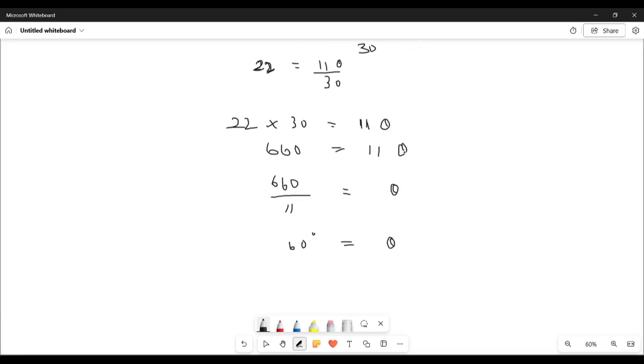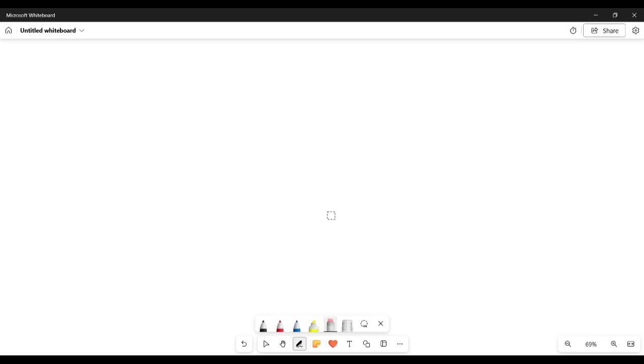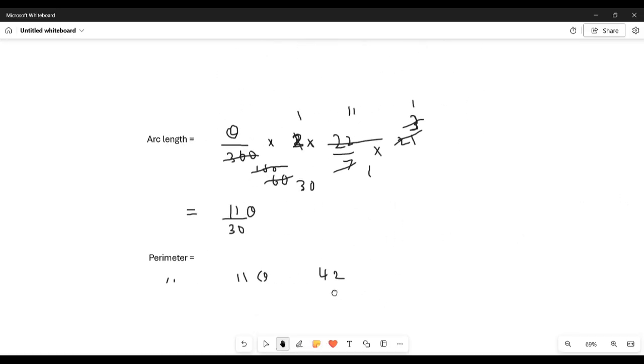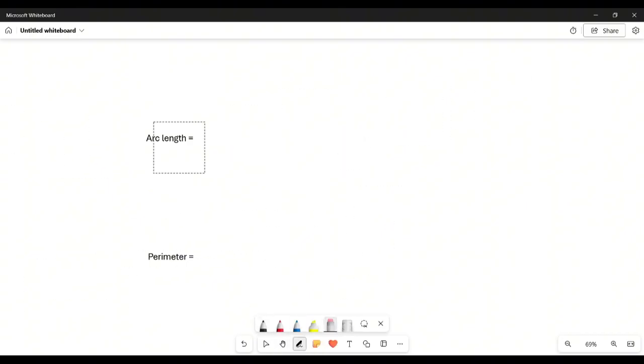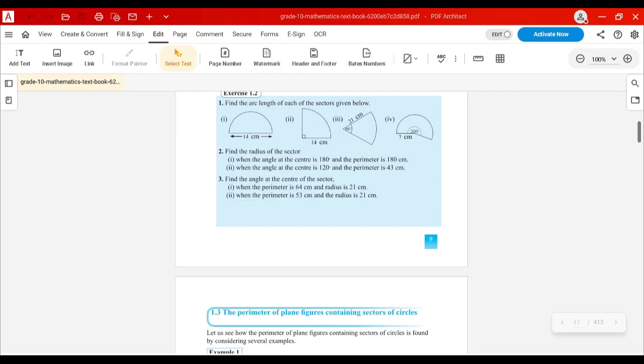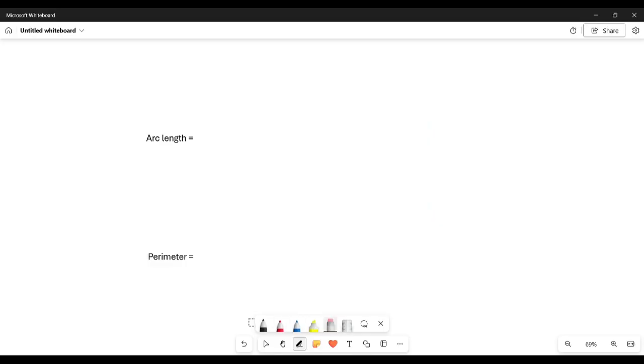So please do that. So now let's do the second question of question number 3. What is it? When the perimeter is 53 and the radius is 21, so the same radius. So you remember the arc length we got for that same radius?